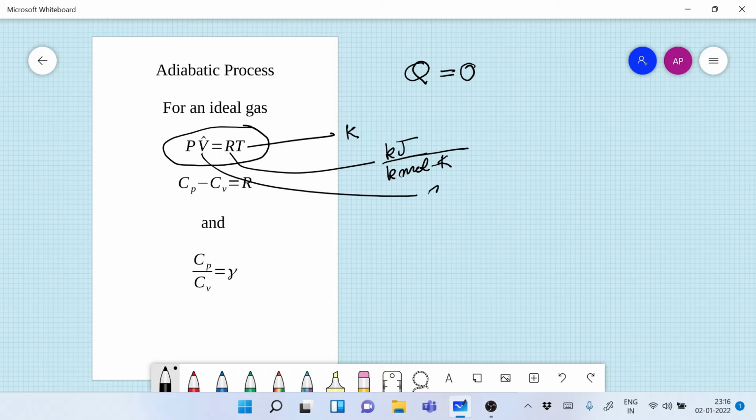The volume is in meter cube per kilomole, and the pressure is in kilopascals. We are also aware that for an ideal gas, Cp minus Cv is equal to R. That is, the heat capacity at constant pressure minus the heat capacity at constant volume is equal to R.